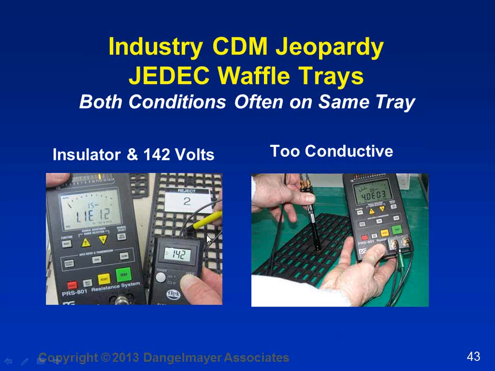Here on the same tray, we find two conditions. One is that the area we tested was too high in resistance, and it was charging to 142 volts. Another part of the same tray, we were measuring 4 times 10 to the third ohms surface resistance, which is too conductive for the charged device model or the charged board event.